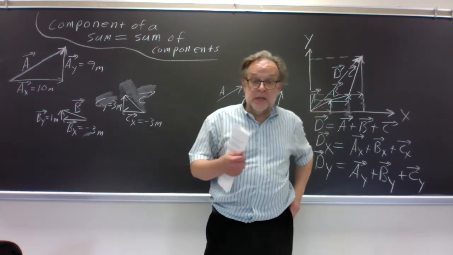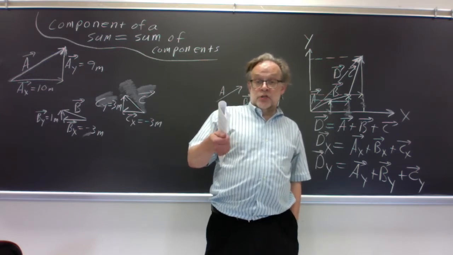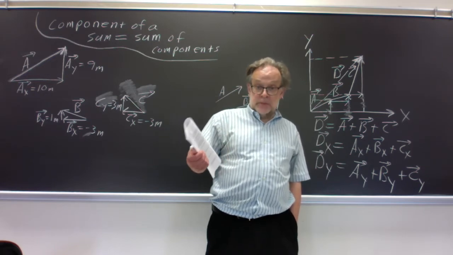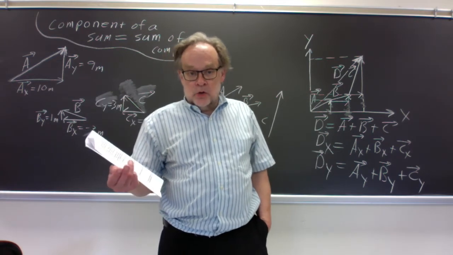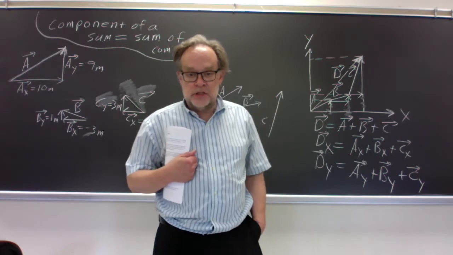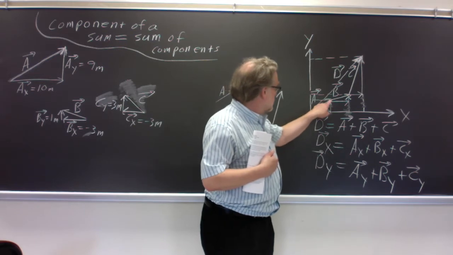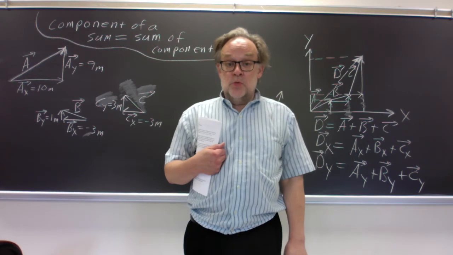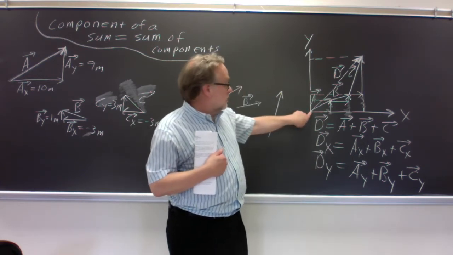That tail to tip connection is something that we do when we're illustrating any addition of vectors, not just displacements. It's just a little easier to understand why the tail to tip thing makes sense if we're talking about displacement vectors. Because in displacements, it's a movement from here to here to here to here. And then the net result of that movement was a change in location from here, right?